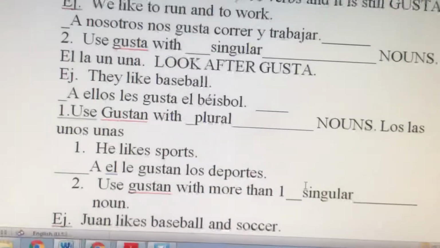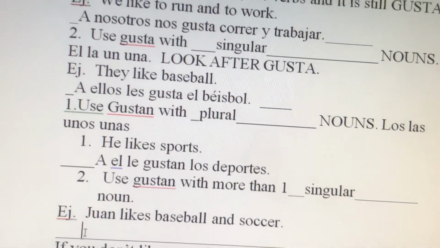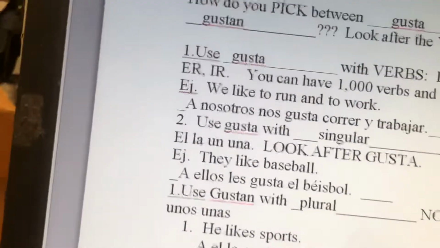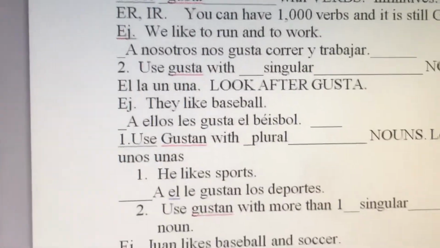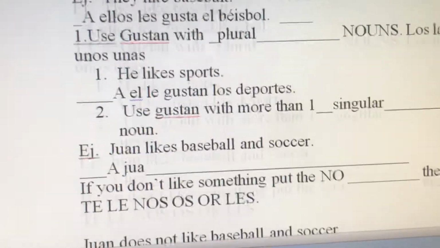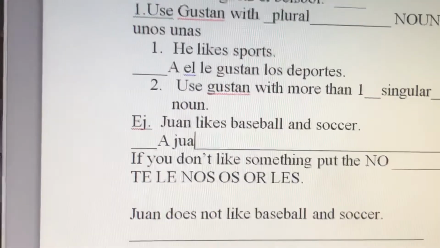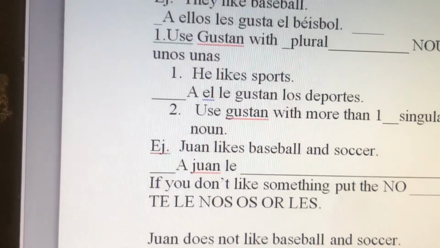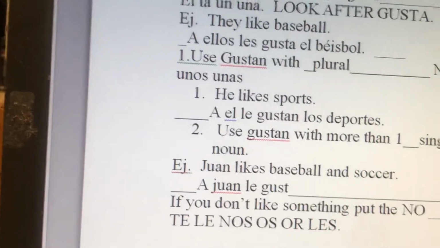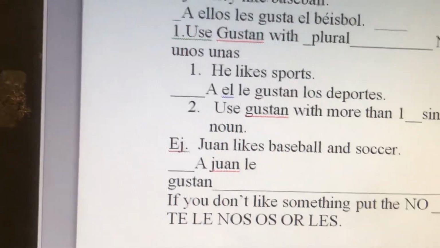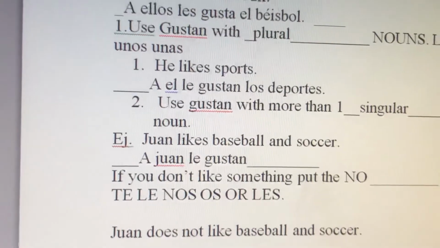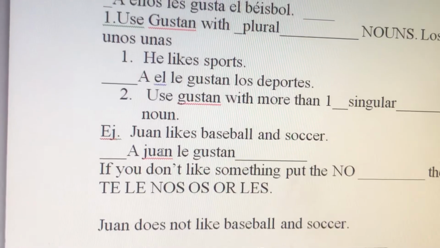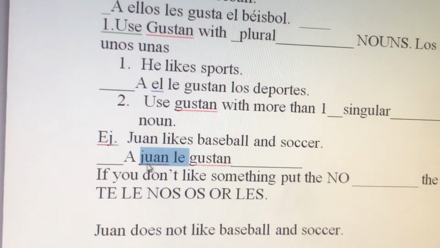Juan, oopsie, you don't see what I'm typing. Hold on. Juan le, that's one person, so it's le. Gustan, and notice it doesn't have anything to do with the person because it's one person, and it's le. That's what Juan le.